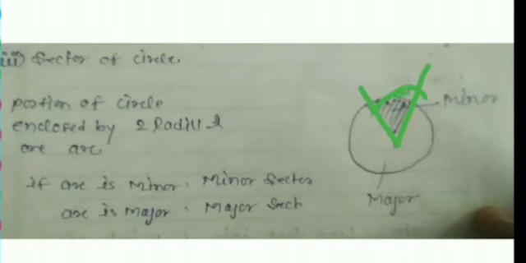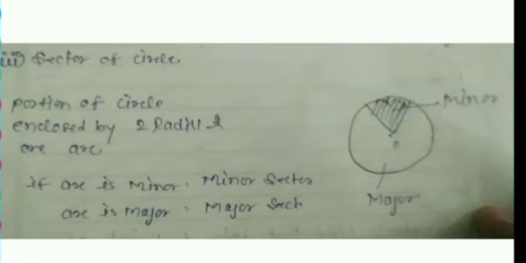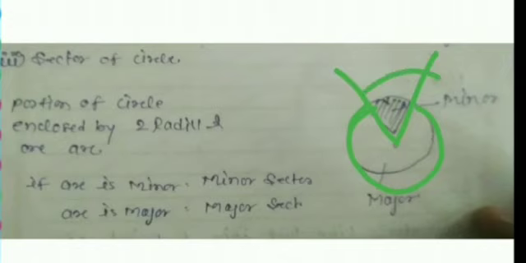If the arc is minor, then this area is the minor sector. And if this arc is major, with two radii here, then it will be called the major sector.